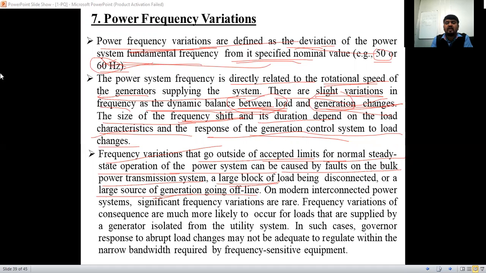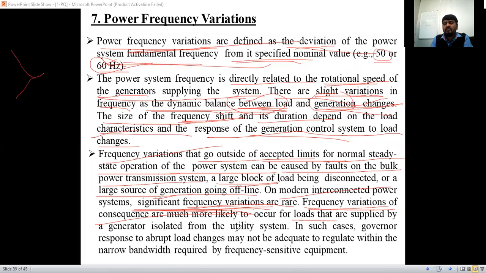So the electrical supply will always flow from higher voltage to lower voltage. In a motor-connected power system, significant frequency variations are very rare, because we have already done the interconnection. The frequency variation consequences are much more likely to occur for loads supplied by a generator isolated from the utility system.